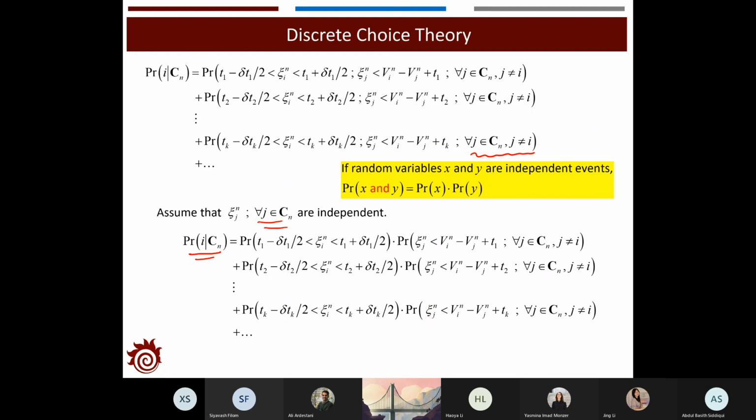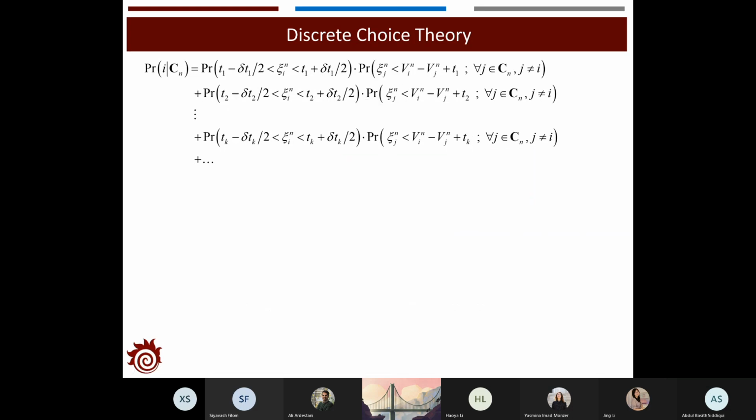So for this part, you can see how it's going to be expanded.